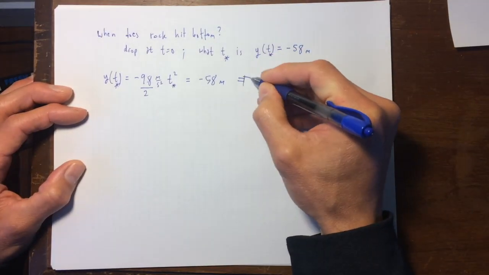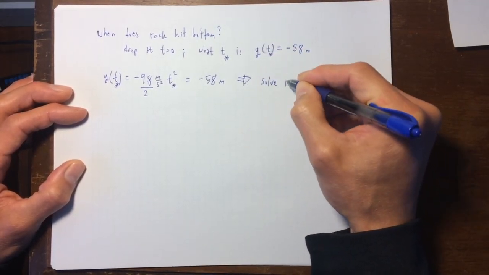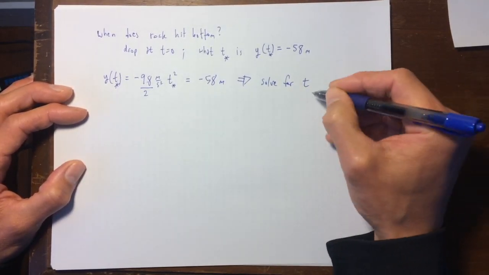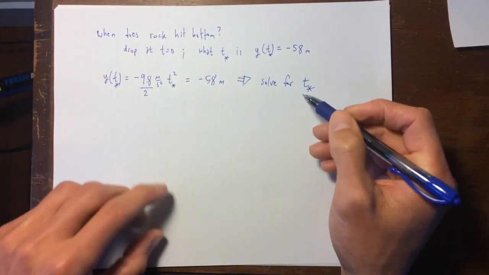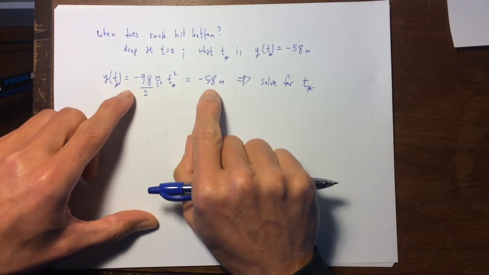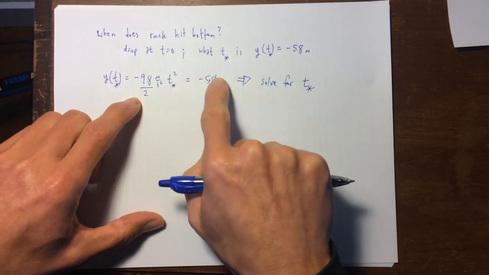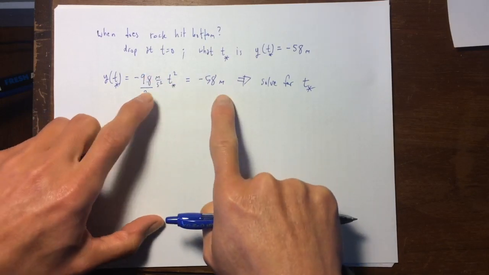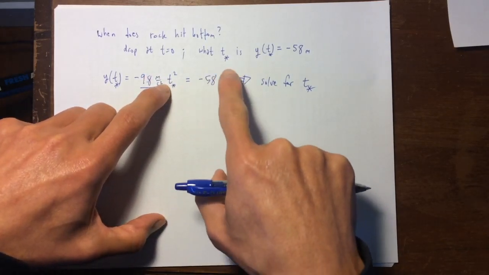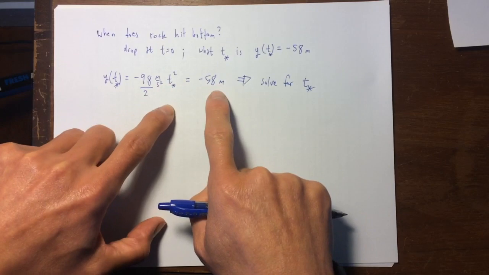Can you see that you can solve for t star, and that the minus sign is going to go away? I'll put the 2 up there and divide by the 9.8, and so t squared is that positive whatever results from it.